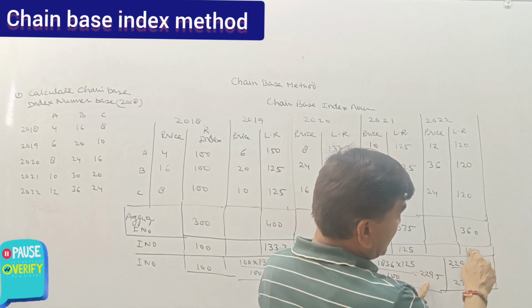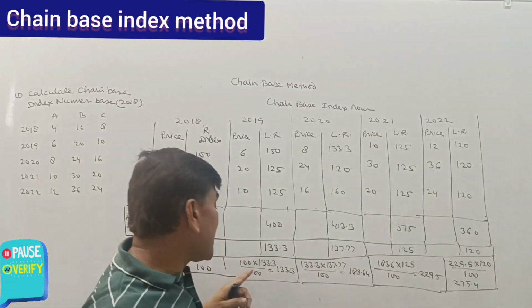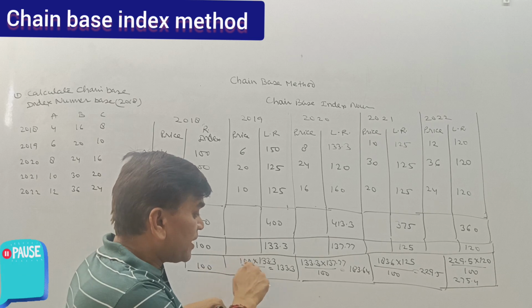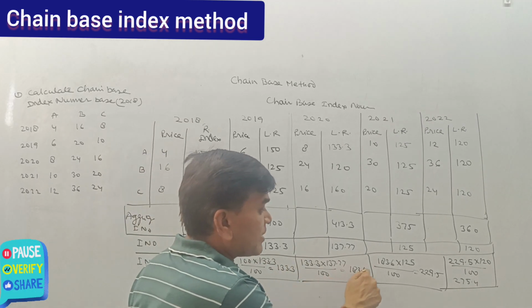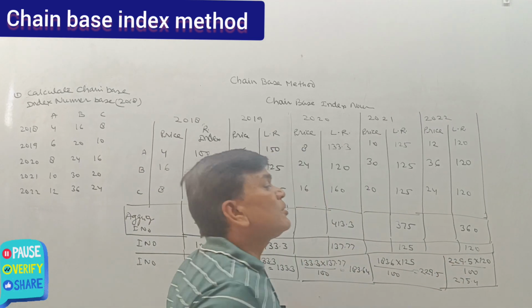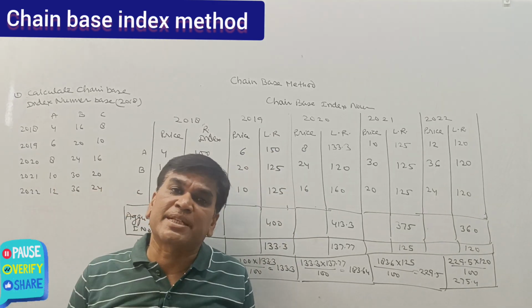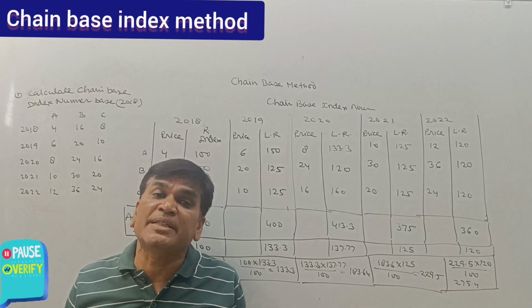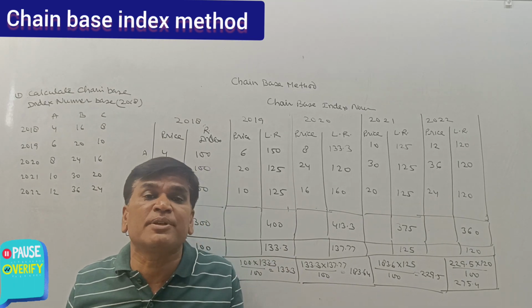So this is a chain. Each and every index is related to the base coming here, this base coming here. This type of index number is called chain index number, because each and every index number is related to the previous one.